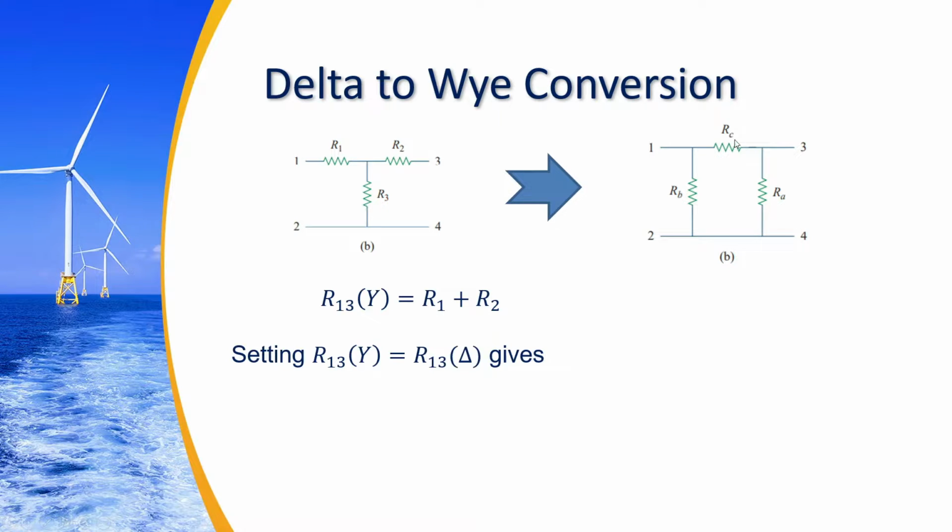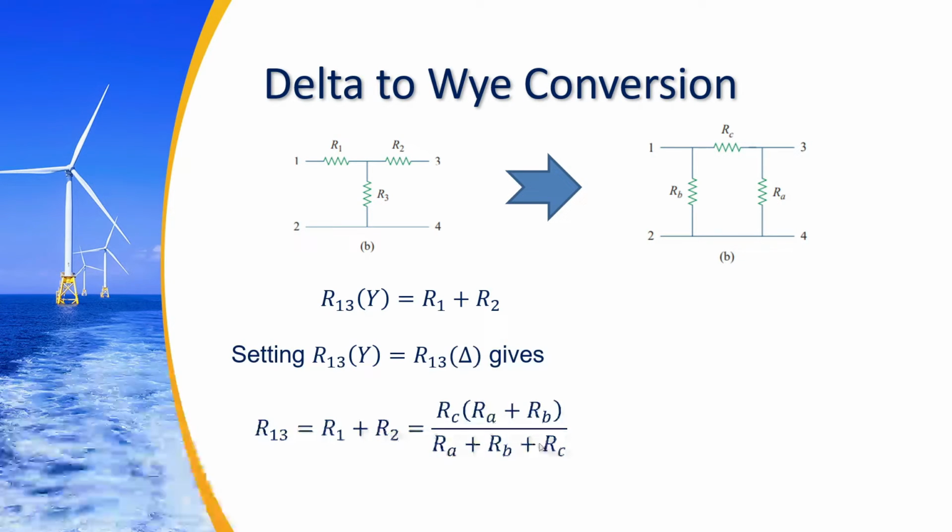So, ito naman yung kukuha natin ng total resistance. Okay, so bibigay yan ng R13 is equal to R1 plus R2, kung saan ito naman ang gagawin nating series parallel combination, itong RB, RA, at RC. So, therefore, kunin natin yung series nitong RA, RB, then iparallel natin kay RC. So, magbibigay yan ng RC times RA plus RB over RA plus RB plus RC. So, that will be our equation 2.